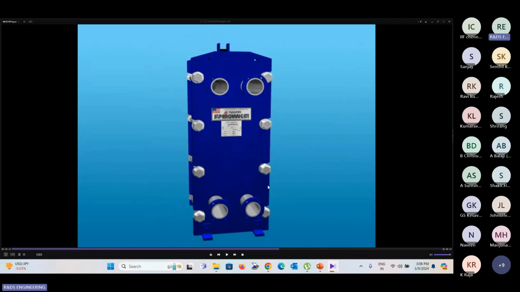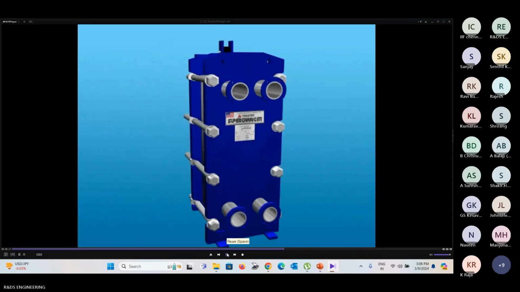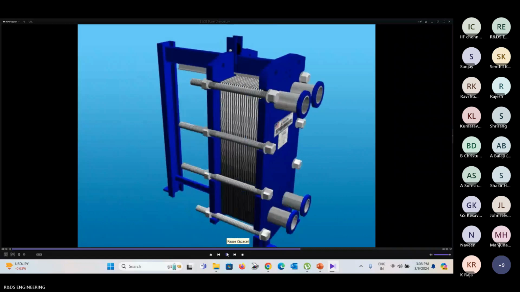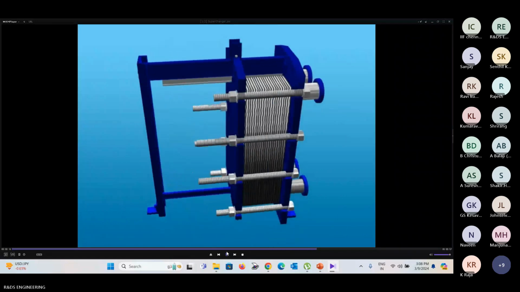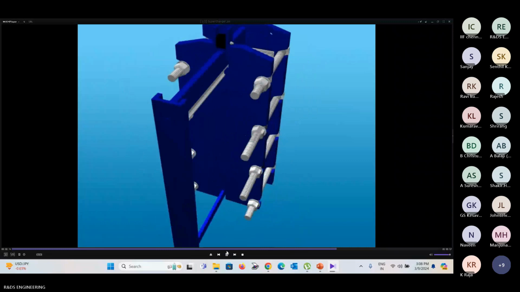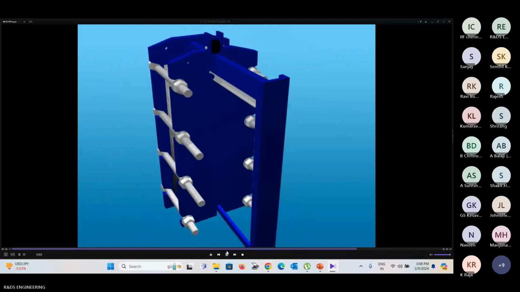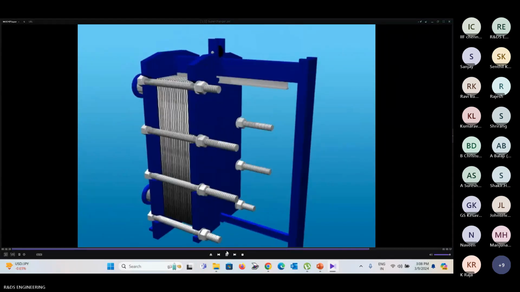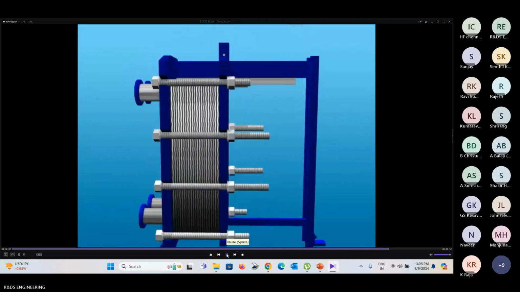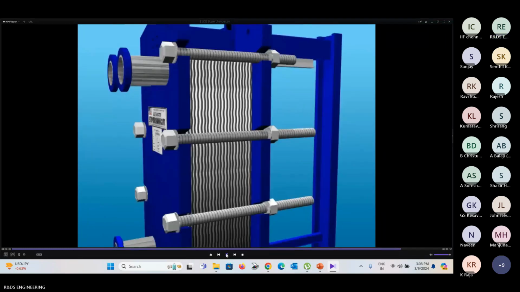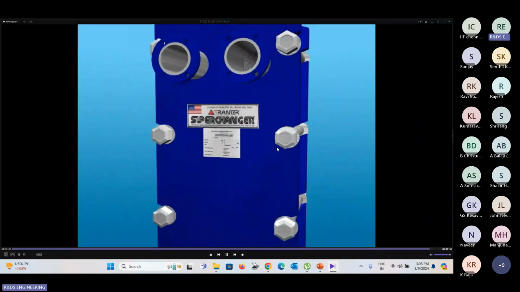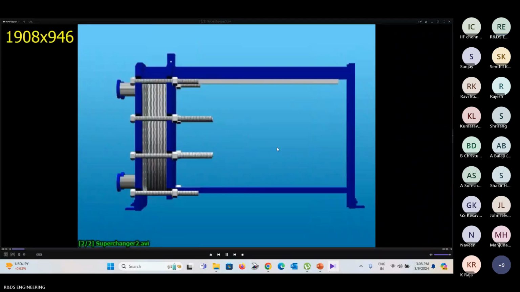So for maintenance, as I told you, there is no need for removal of this pipeline, because all the ports are placed in front of the frame. So this is how a plate heat exchanger looks.